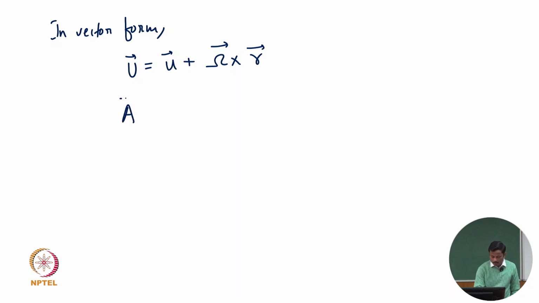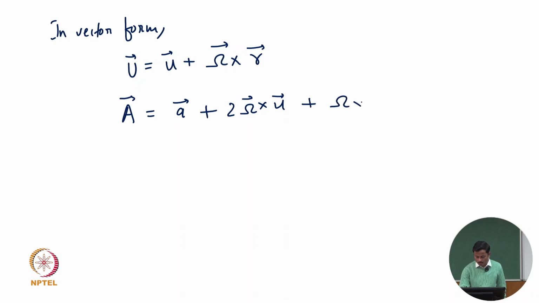And capital A, the absolute acceleration, is equal to the relative acceleration, that is the acceleration of the particle or fluid element in the rotating frame of reference, plus 2 omega cross u plus omega cross (omega cross r).